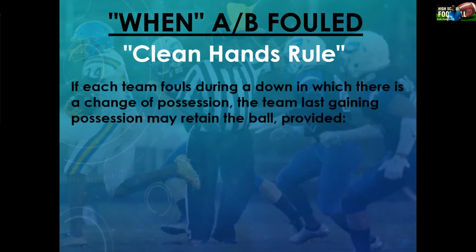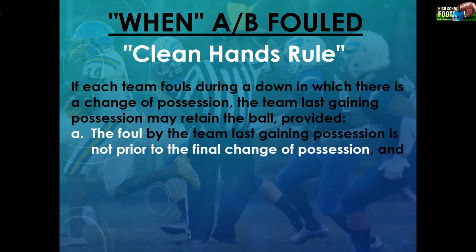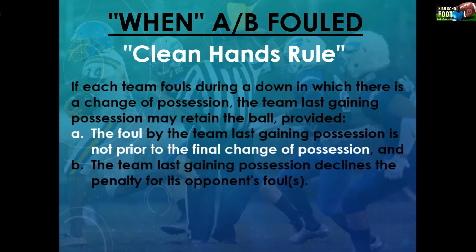If each team fouls during a down in which there is a change of possession, the team last gaining possession may retain the ball provided the foul by the team last gaining possession is not prior to the final change of possession, and the team last gaining possession declines the penalty for its opponent's foul. So this is what we call the clean hands rule, all right?